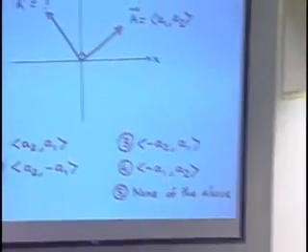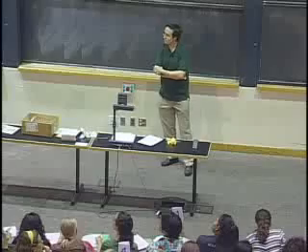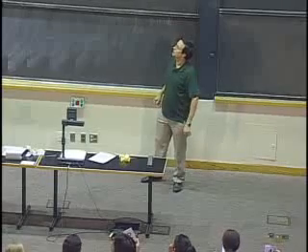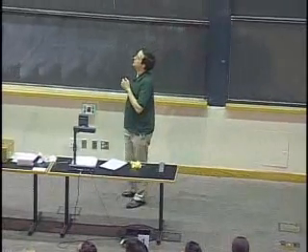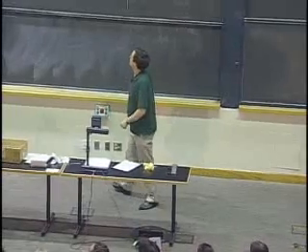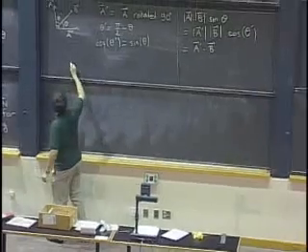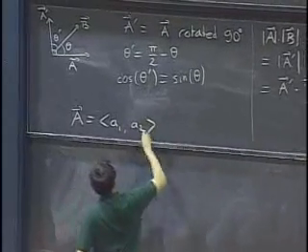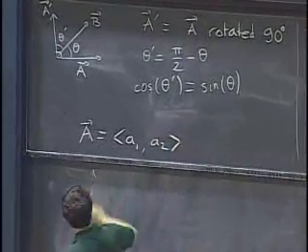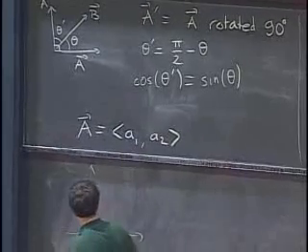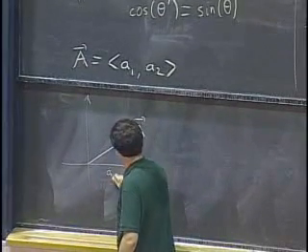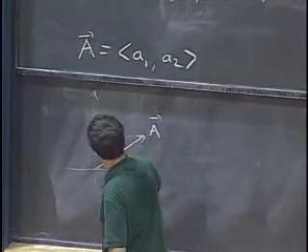Okay, so I see a lot of people answering 3. I see some other answers, but the majority vote seems to be number 3, minus A2 and A1. I think I agree. So let's see. Let's say that we have this vector A with components A1, so A1 is here, and A2, so A2 is here.